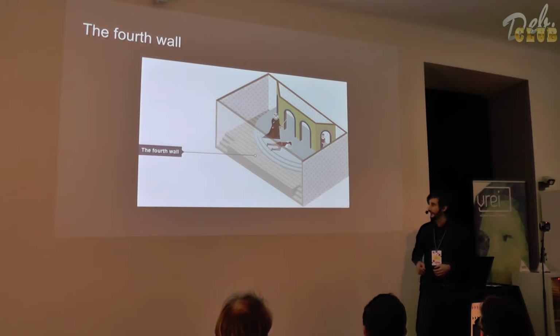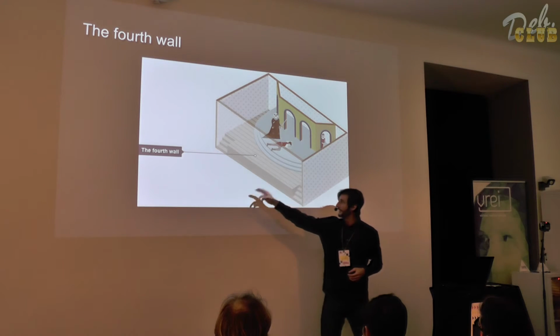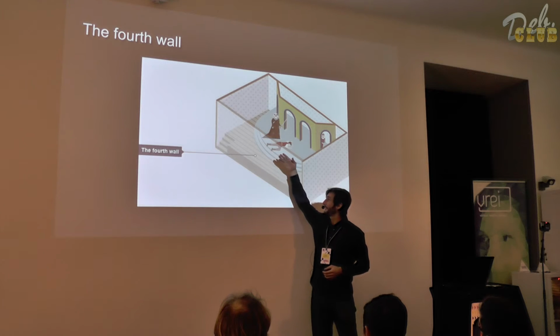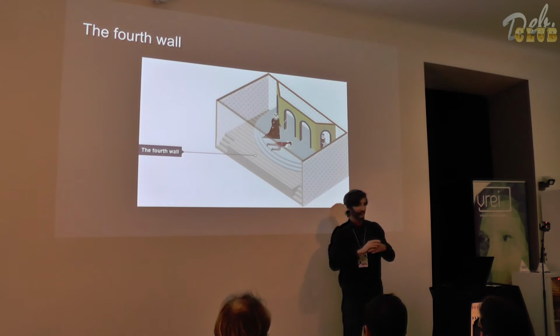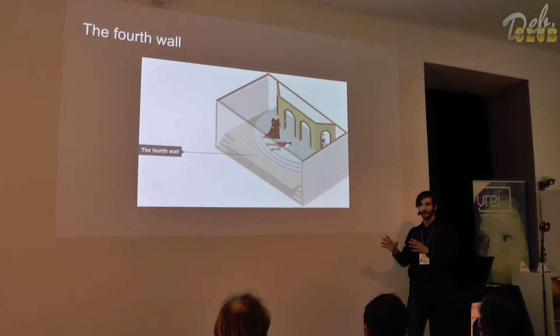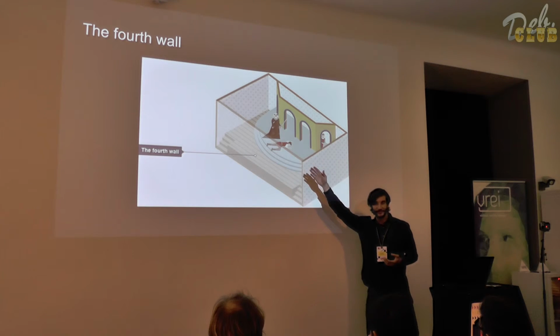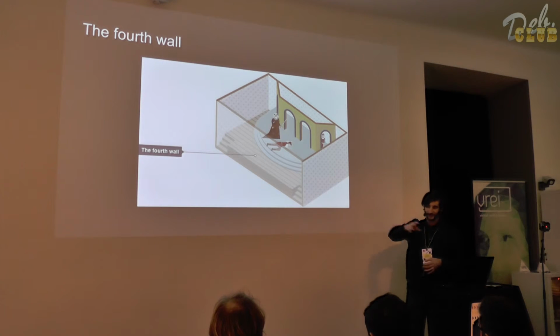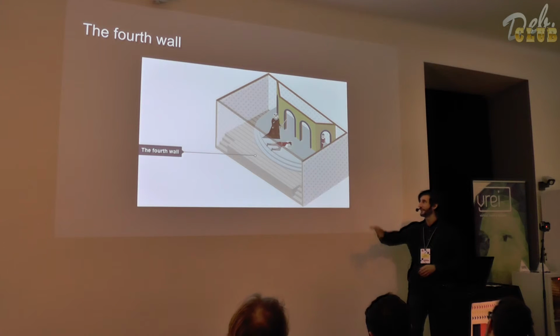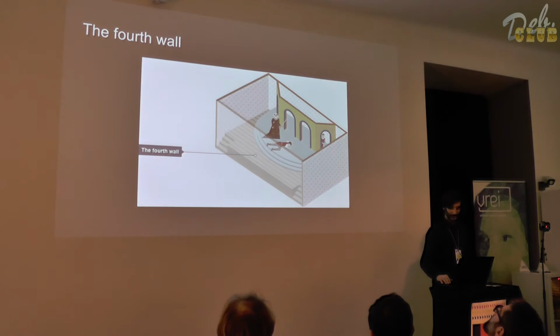As a spectator, you're always here, and this imaginary fourth wall is separating you from what is going on there. So although it might be very dramatic, and you can feel what's going on, you're still separated. In virtual reality, you're in the middle. You're there. You're not somewhere else on a seat, comfortable. No, you're in the middle of the scenery.